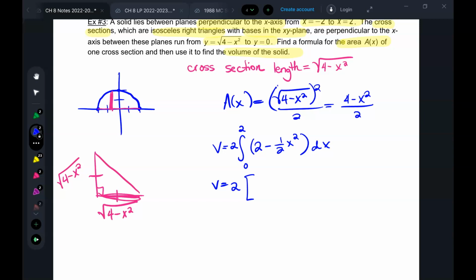Take out the 1/2 and put it on the left side, and multiply it through so you don't have to deal with a fraction? Yeah, you can do that. It should all work. So this would be 2x minus x cubed over 6. Yeah, that 2 in front, you could take the 1/2 out, all of those are just coefficients. Okay, what happens when we plug in 2?